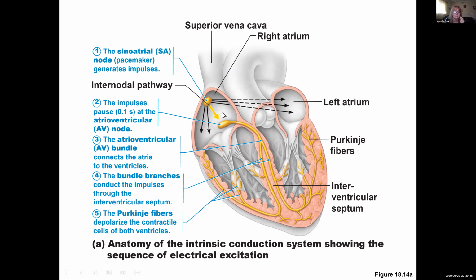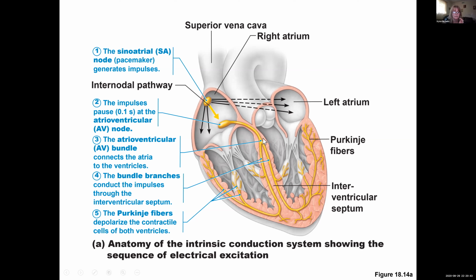This bundle connects atria with ventricles, and then we have the bundle branches, right and left, and they conduct impulses through the interventricular septum, the septum between the two ventricles. Then Purkinje fibers send this impulse through the whole ventricle, through the walls of the ventricles.